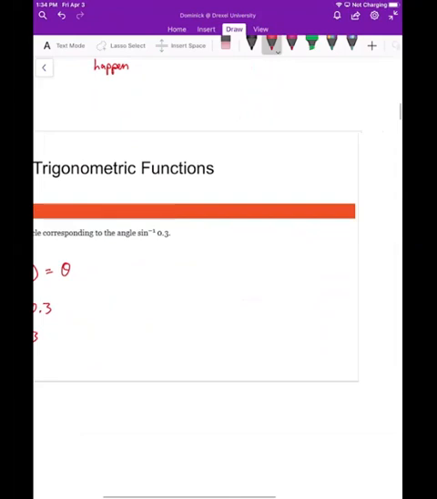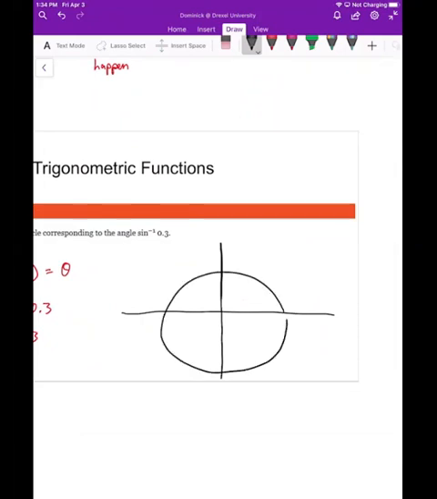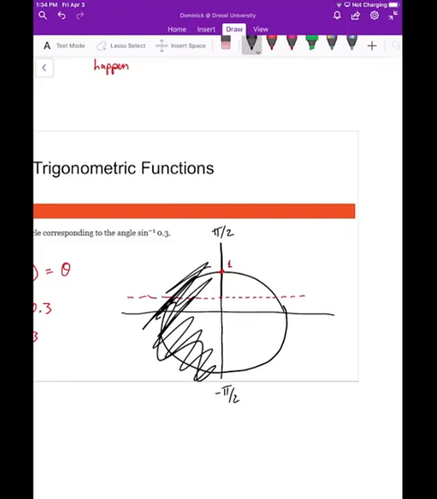So on the unit circle, we know that this is a y value of 1, so a y value of 0.3 should occur right here. And again, since we're dealing with the arcsine, I don't want to do anything on this side. I just want to look at negative pi over 2 to positive pi over 2. So I'm going to be concerned with this radius right here.